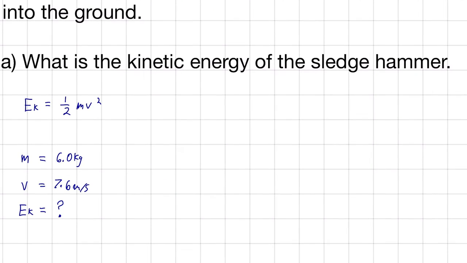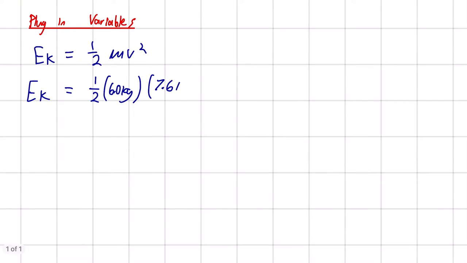So we're going to plug our variables into our equation: EK is equal to 1/2 mv squared. EK is our unknown, m is 6.0 kilograms, and 7.6 meters per second is our velocity, and that's going to be squared.